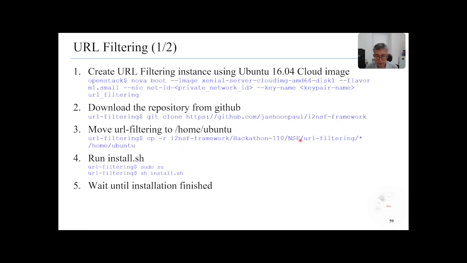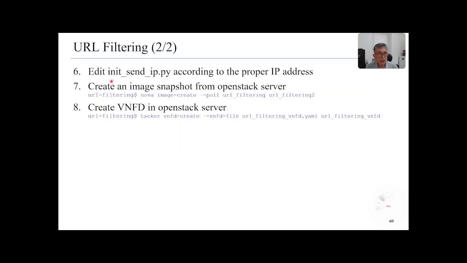Copy the files into your home directory, and then run the install shell file, and wait until the installation finishes. And then edit the init and send IP Python file according to the purple IP address, and create an image snapshot from the OpenStack server, and create the VNFD in the OpenStack server.